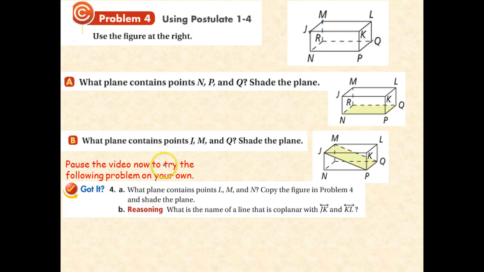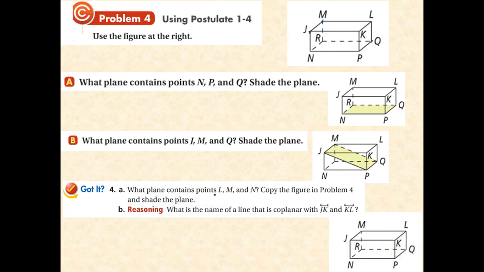All right, see if you can pause the video and try this. We want a plane that goes through L, M, and N. So I'm going to draw a little bit of this and a little bit of this.